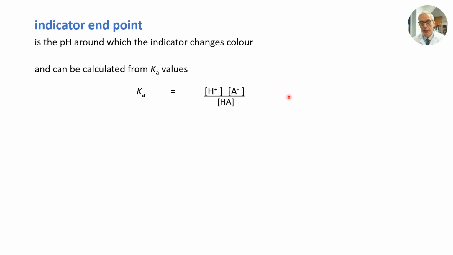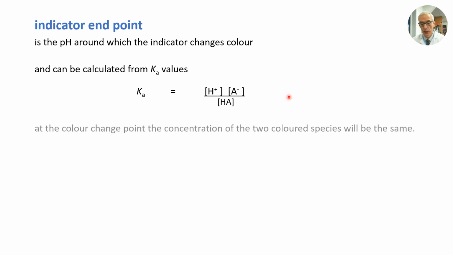If we look at the Ka expression for a generalized weak acid HA, the color change point will be when the two colored species have the same concentration. So the concentration of HA and the concentration of A- will be the same. That is only true at the indicator endpoint, which is when the color changes.